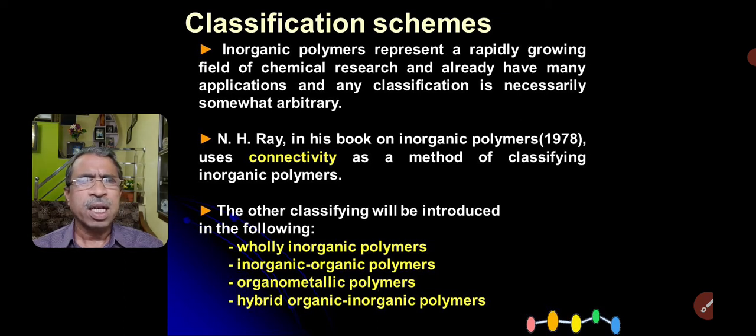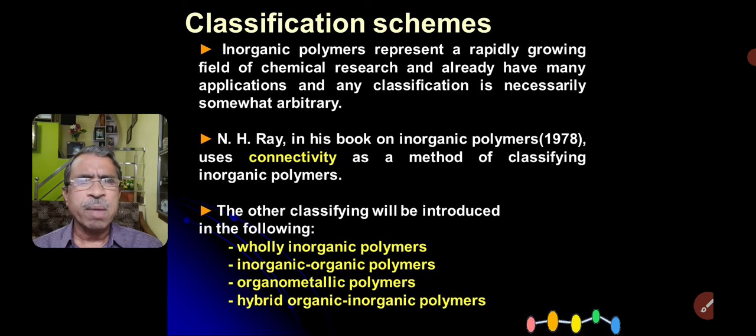The other classifications will be introduced in the following. That is, wholly inorganic polymers, inorganic organic polymers, organometallic compounds, hybrid organic and inorganic polymers. So this is how N.H. Ray classified them in another way.